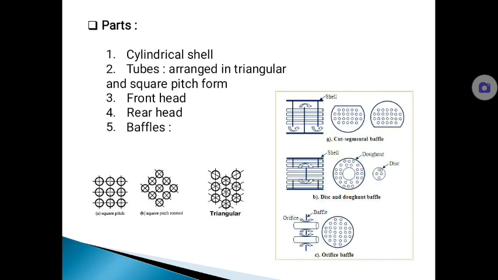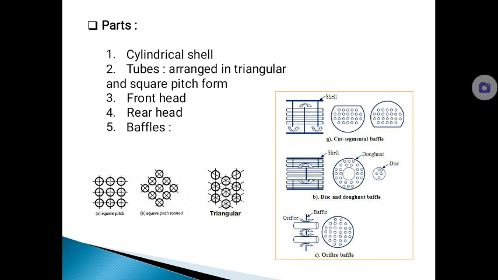Now there are a number of baffle types: cut segmental type baffles, then disc or donut type baffles, and the last one is the orifice type baffles. See how the baffles are arranged over the tubes.